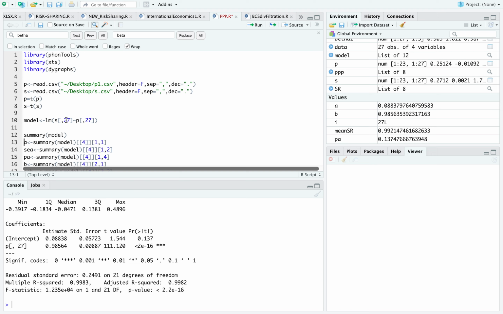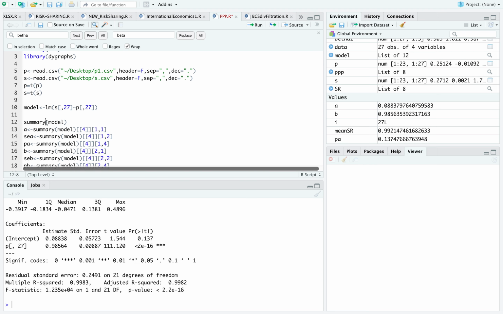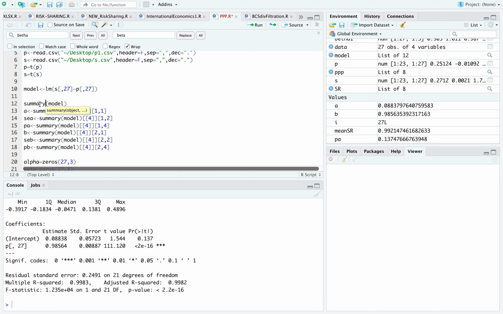Here, this is for the 27th period. If I would like to do it for the first period, I would just change this to 1, 1. Then for the second period, 2, 2. And out of this model object, I can get different things.